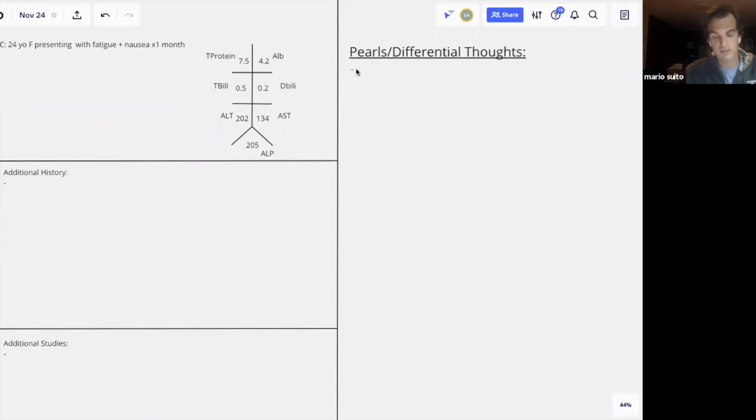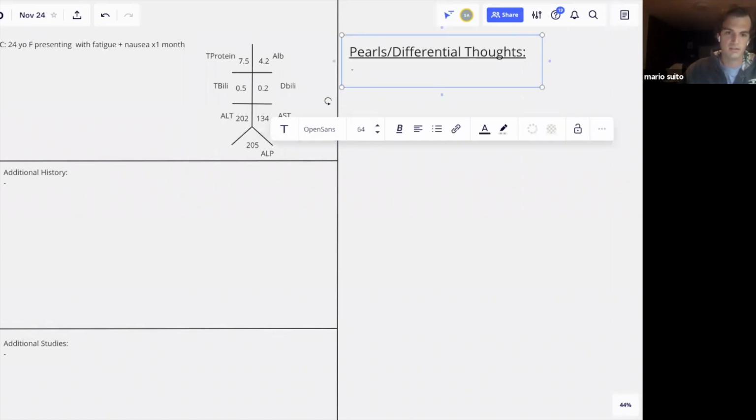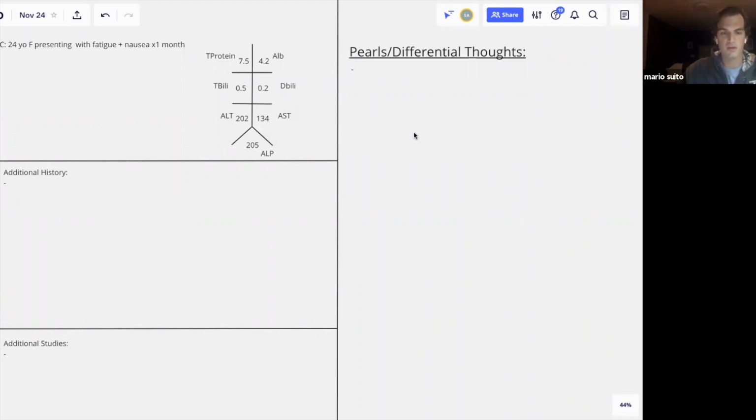And in this case, it's pretty remarkable that the transaminases and ALK phos are really elevated. So the first thing I would like to do is try to determine which predominates, if it's the transaminases that are more elevated than the ALK phos, or vice versa, because that would give us a hepatocellular pattern or a cholestatic pattern.